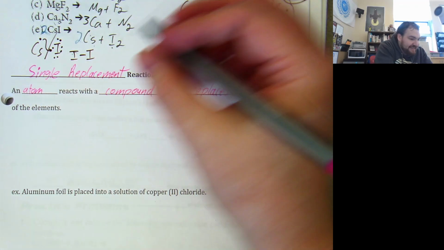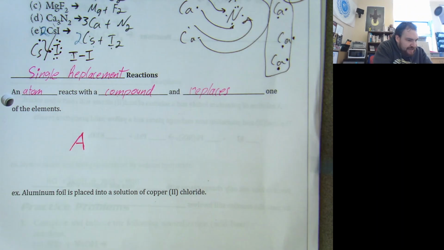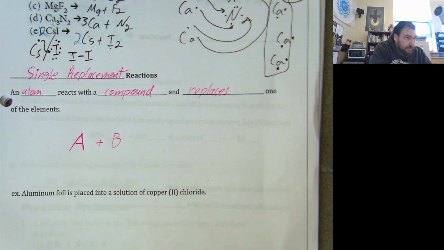If I have a single element, let's call that single element A, it's going to react with a compound. The simplest compound I could write down is B, but B is not a compound because there's only one of things. So to make a compound, I'm probably going to have to write down, what's the next letter in the alphabet?